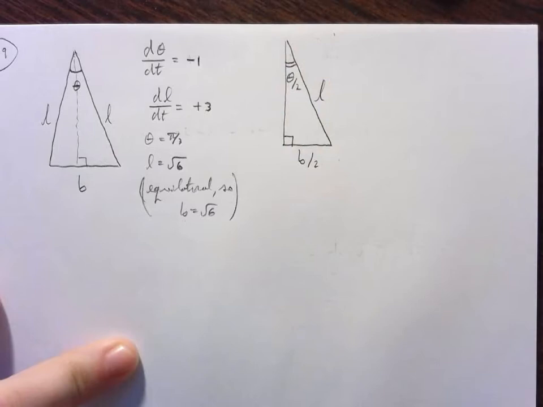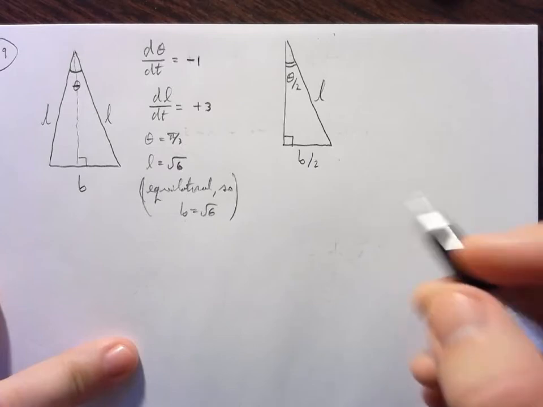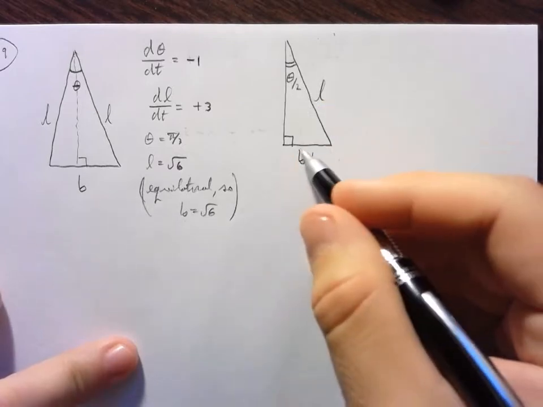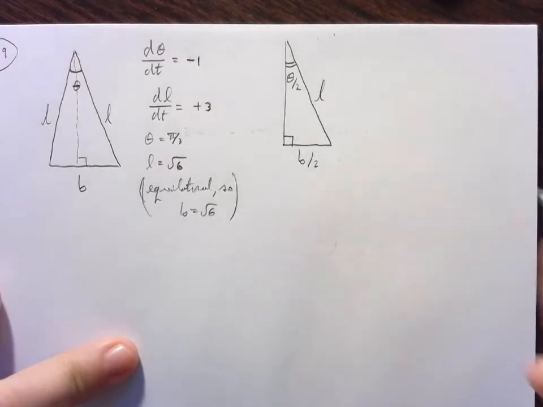And now I want a trig function that's going to relate these three variables together. So what I can do is, notice this is the opposite side of the angle, and that's the hypotenuse.